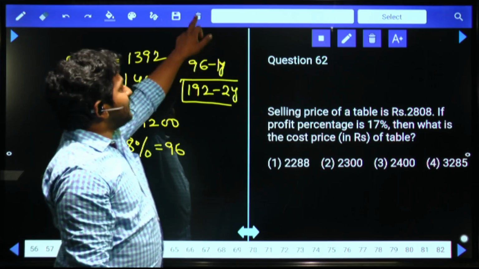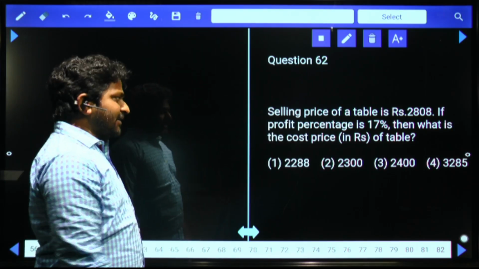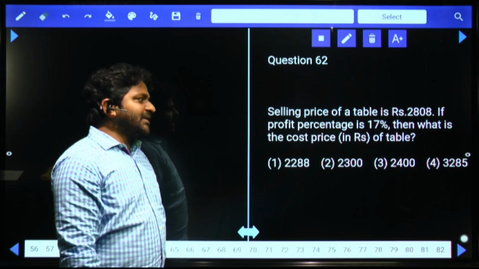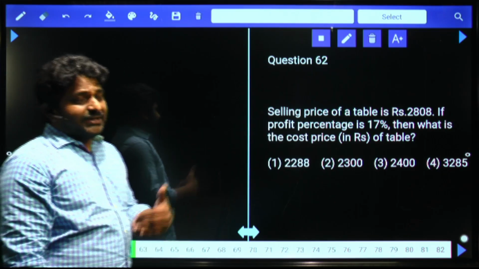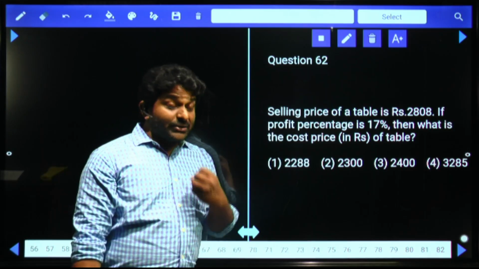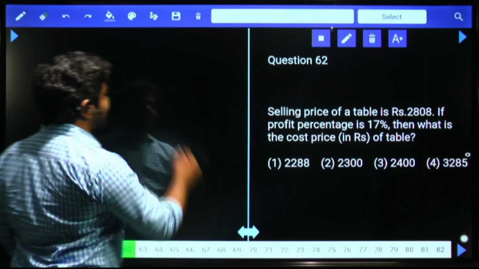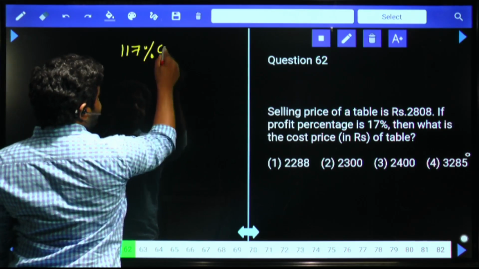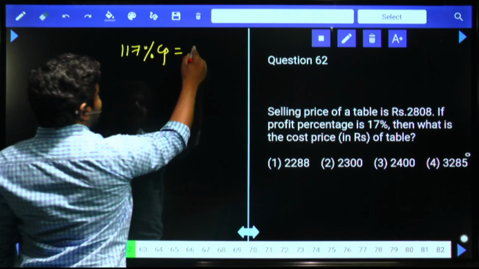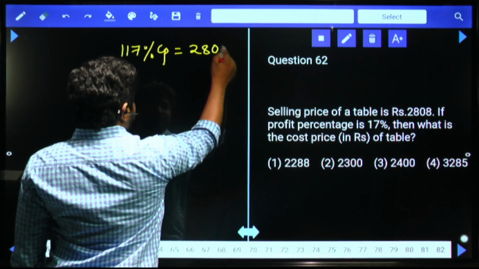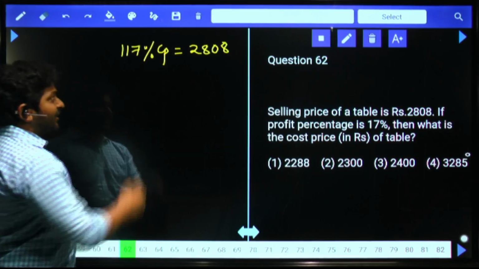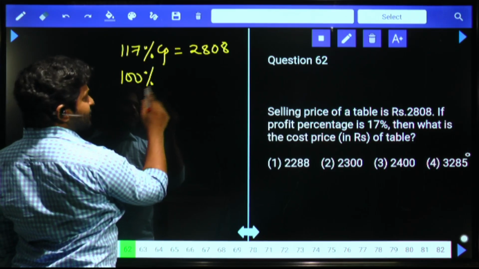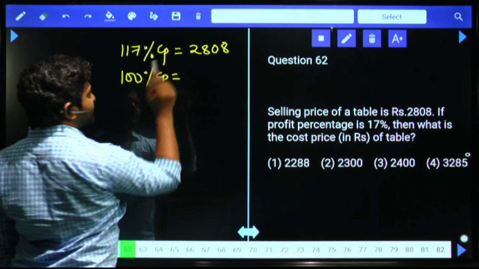The selling price of a table is 2808. If the profit percentage is 17%, then what is the cost price? Profit percentage 17% means we have to sell the item at 117%. So 117% of cost price is the selling price, which is equal to 2808. Your question is to identify 100% of the cost price is equal to how much?